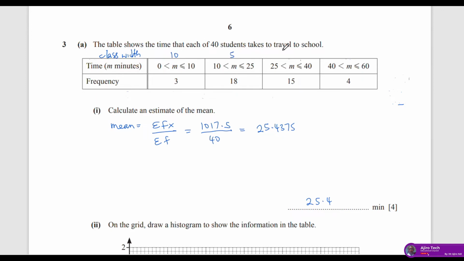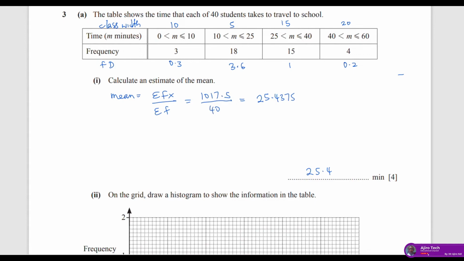Class width here is 15. And the class width here is 20. So to get the frequency density, I'll divide frequency by class width. Dividing this, I get 0.3. Dividing this, I get 3.6. Dividing this, I get 1. Dividing this, I get 0.2. So now this will be the histogram height.